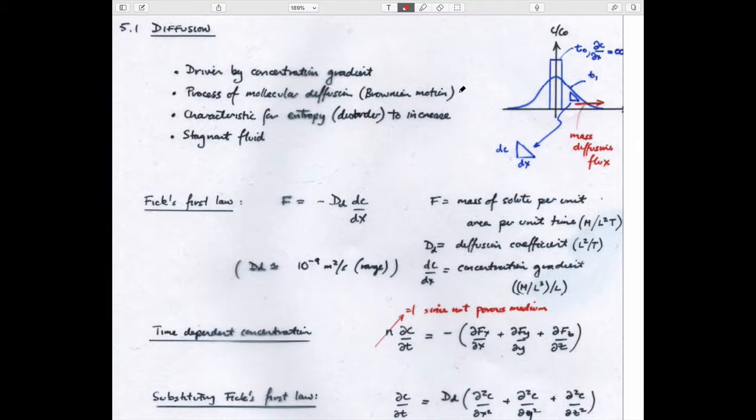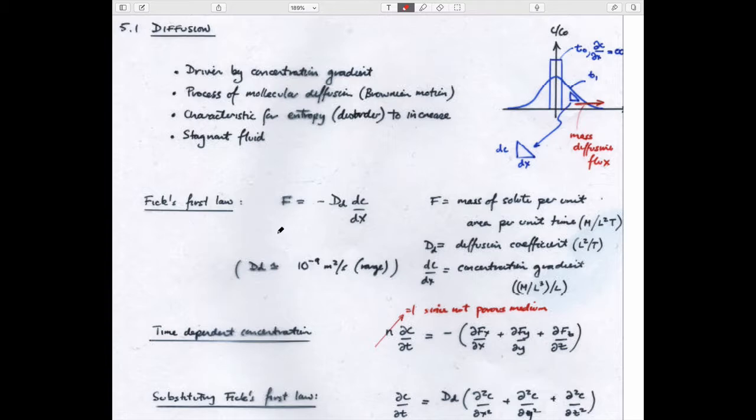And it really follows what we've just said about this concentration due to an ink drop, which has infinite concentration at the boundaries of the blob, and zero concentrations outside it, and zero concentrations in the middle of it. And this infinite concentration gradient is something that nature hates, tries to get rid of, and it gets rid of it by causing diffusion to occur.